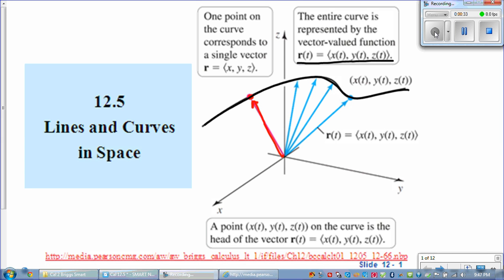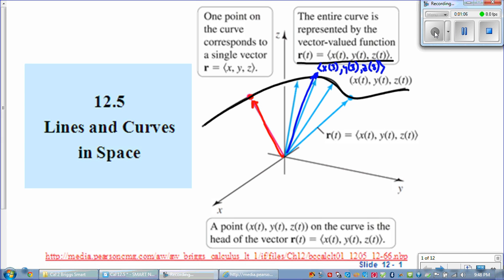r of t equal to x of t, y of t, z of t, where each vector and each point on that curve can be designated for a specific value of t. So for instance, perhaps when t is equal to 3, this point is identified as the vector x3, y3, z3.